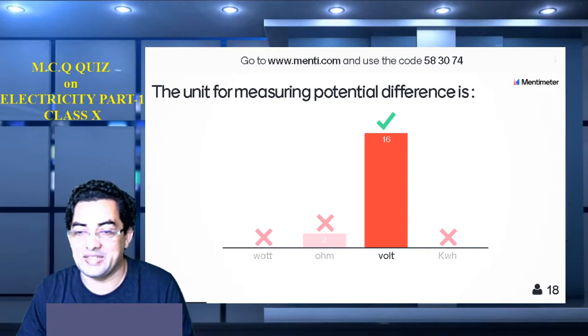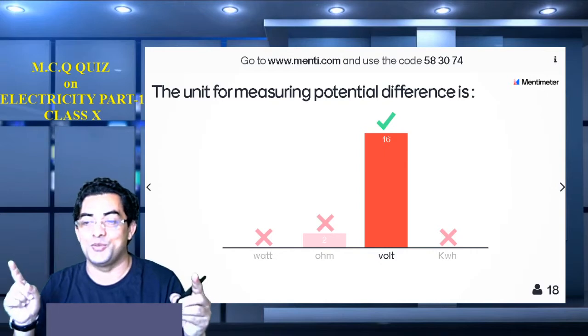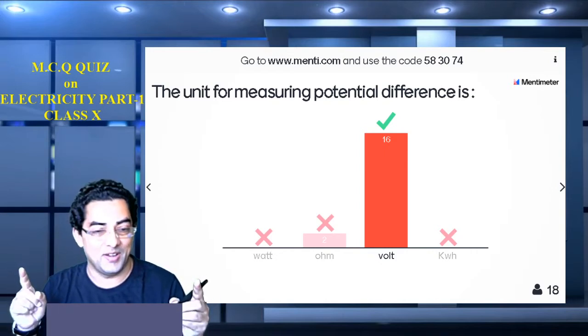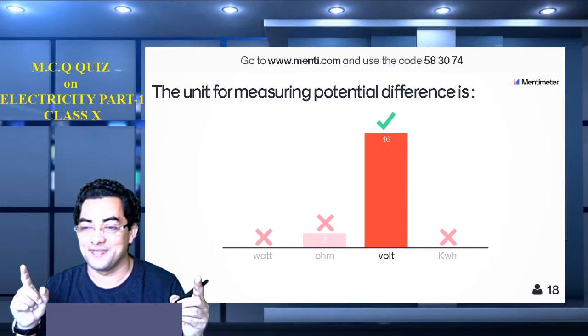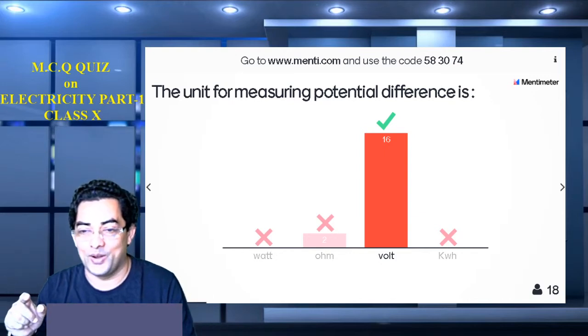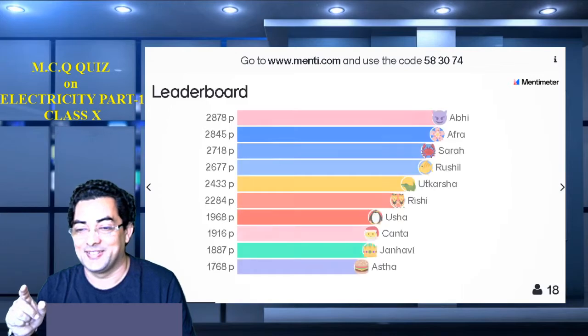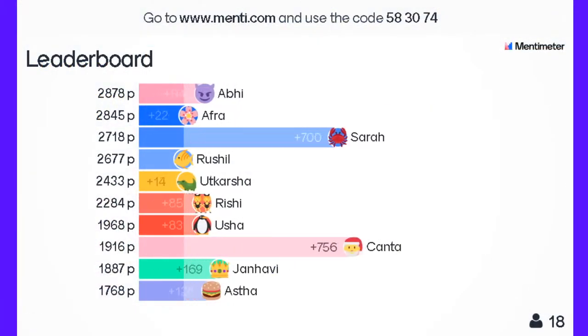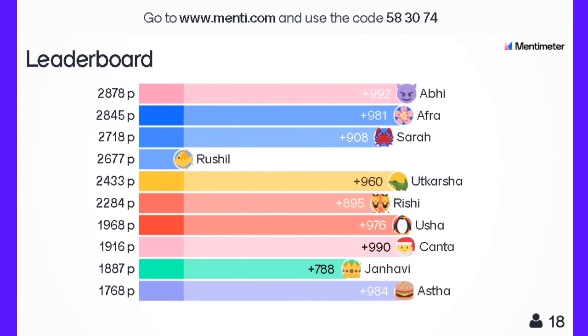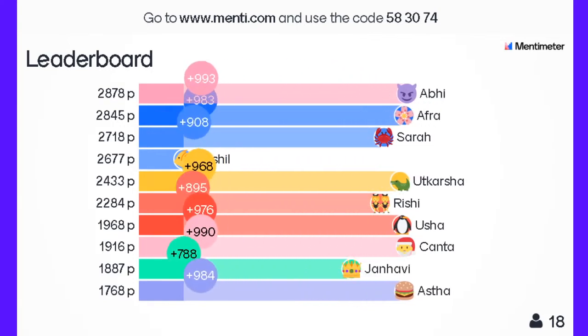Let's move on guys and look at the scores right now. Guess who's going to be on the top? Will it be Abhi or somebody else? Let's see the scores. So the leaderboard comes up like this. Few changes.